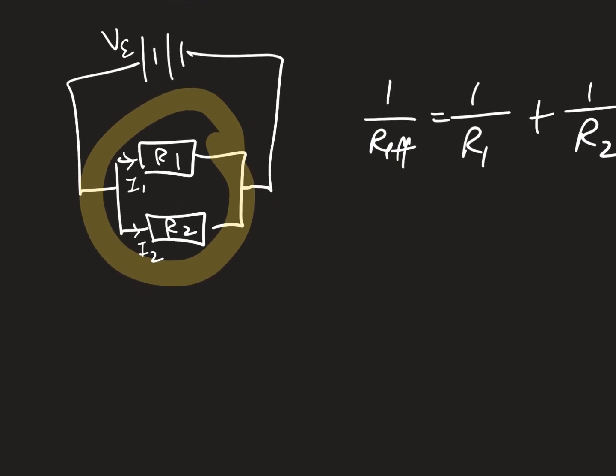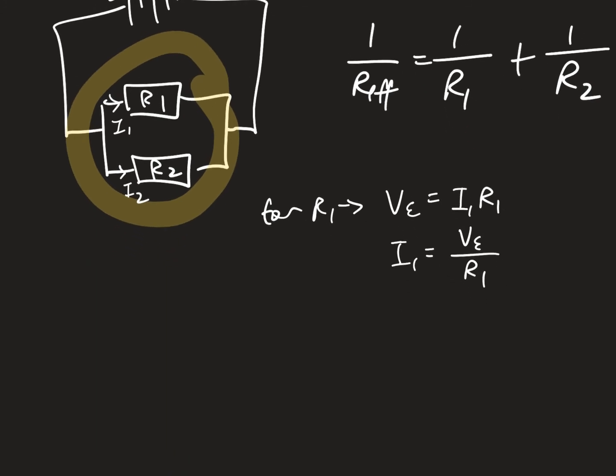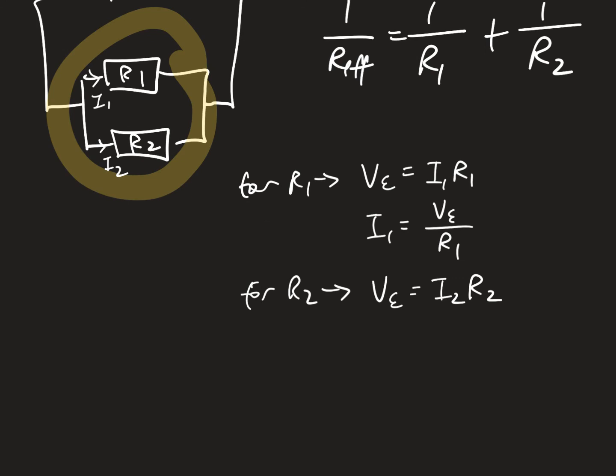For R1, V equals I1 R1, and therefore I1 equals VE over R1. For resistor R2, VE equals I2 R2, and therefore I2 equals VE over R2.